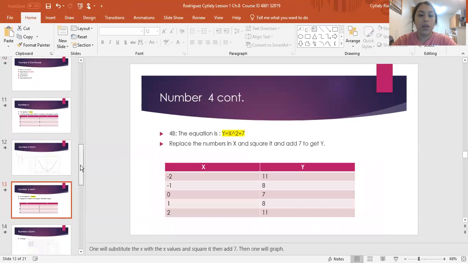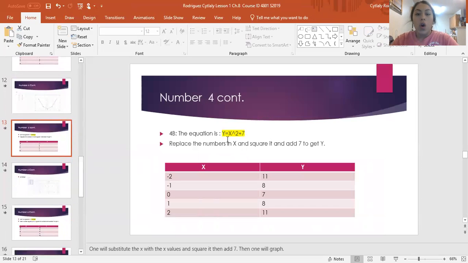Okay, number 4B. Now it's y equals x squared plus 7. So I used the same variables. I did -2, -1, 0, 1, 2. And so I'm going to do the same thing that I did in 4A. So I'm just substituting this -2 for that x, squaring it, and adding 7.